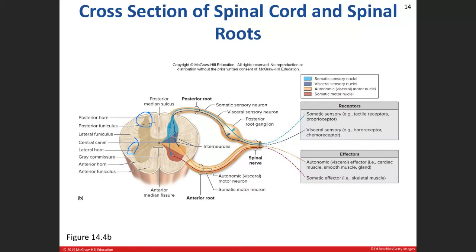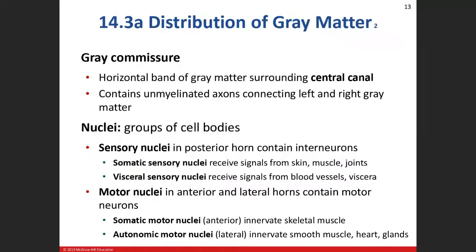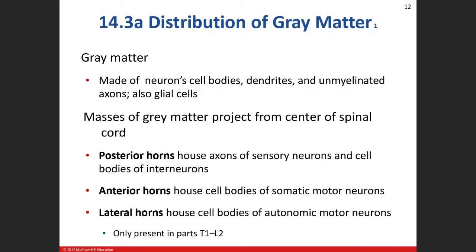This is the anterior horn. The lateral horn is going to contain the cell bodies of autonomic motor neurons. That means that it controls cardiac muscle, smooth muscle, and glands.